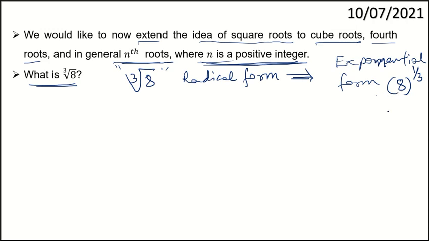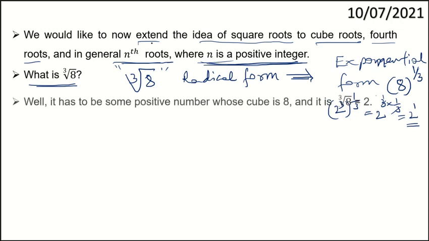where 8 can be written as 2 cube, whole power 1 by 3. It implies, using laws of exponents, 2 power 3 into 1 by 3. It becomes 3 into 1 by 3, which is 1. So 2 raised to the power 1 is the value of cube root 8.